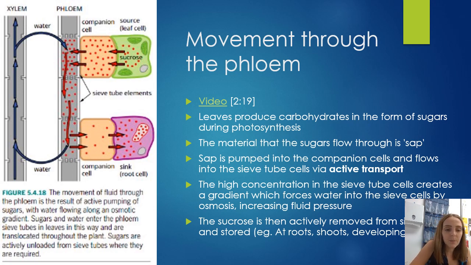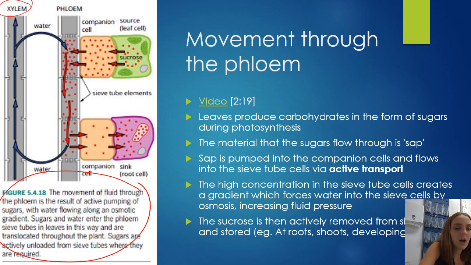Now we can see this process over here of the xylem and phloem working together. Now you can see that the xylem is going from the roots up the plant in the process of transpiration that we talked about earlier. But some water is able to diffuse by osmosis straight into the phloem to assist this process.